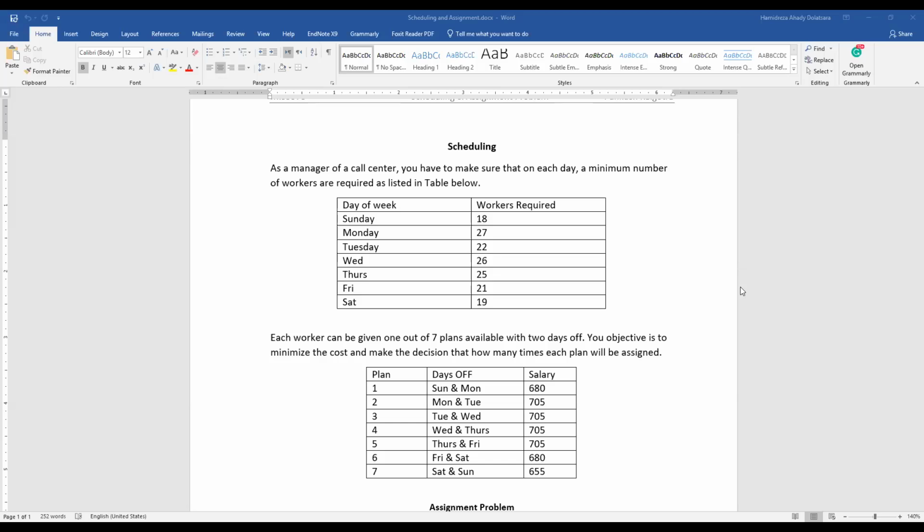So we just have one constraint, and the second one is that we need an integer number of workers. It doesn't make sense to say you provide 22.3 persons.